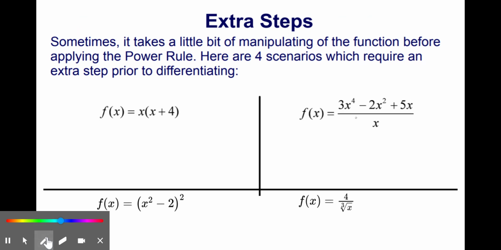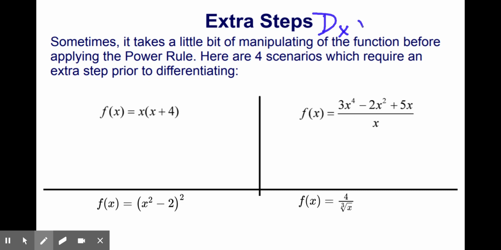So back to some stuff that may require some extra steps. Same thing with the power rule. You can't necessarily use it just for the sake of using it. The rule says this, right? That's the rule.